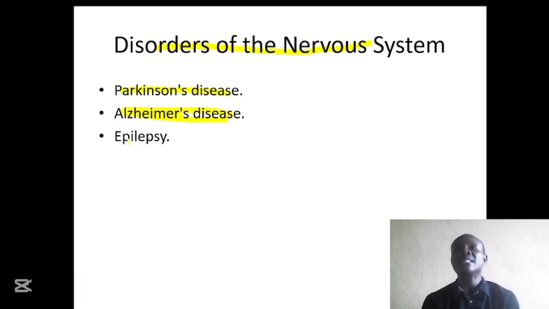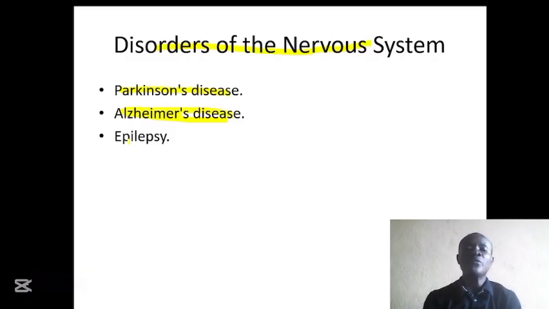So all the parts that the brain is controlling, let's say the cerebrum, if that part is responsible for controlling movement, if it is controlling the hand, what will happen? This hand will not be able to function. So it will lead to paralysis of the hand, or we can say paralysis of the body.